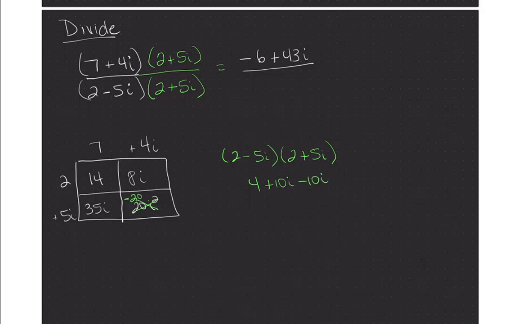And negative 5i times a positive 5i is going to give me a negative 25i squared. Luckily my middle terms canceled out, because that's what I want, so I check to make sure they do. And my i squared, remember that's negative 1, so this changes to a positive 25. Now I have 4 plus 25, which is going to give me 29.